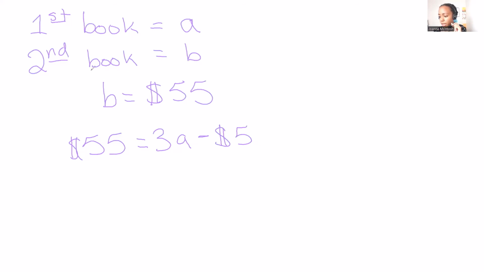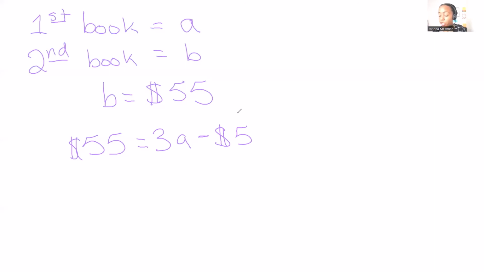So in other words, the price of the second book is equal to $5 less than 3 times the first book. I know that sounded like a mouthful, which is why we use different types of strategies to break down the word problem so that we can form an equation that can help us solve for what the question is asking for, which in this case is how much was the first book, the price of the first book.